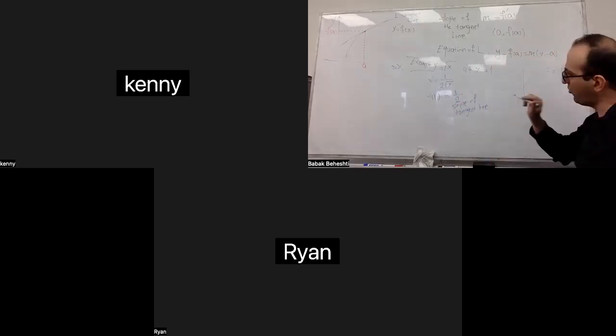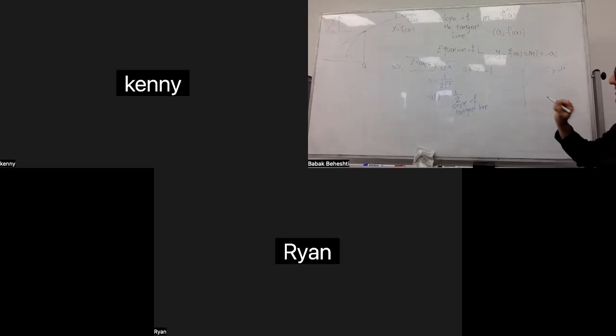Now, what point am I looking for? If x equal to 1, what is the y value? The y value would be equal to what? 1. This is the point 1 and 1, because root 1 is 1.